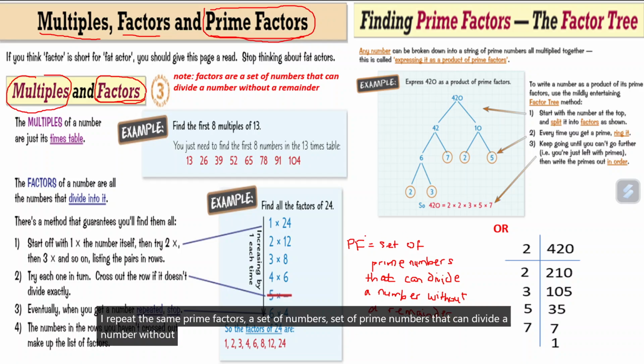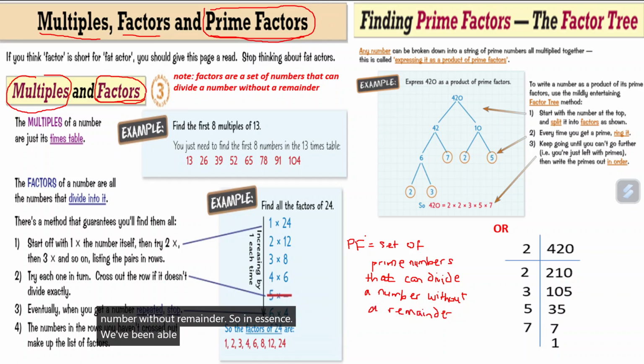So in essence, we've been able to dissect what a prime number is, multiples, factors, and prime factors. In summary, we said prime numbers are numbers that can divide itself and 1.